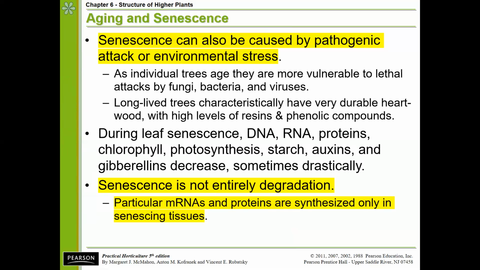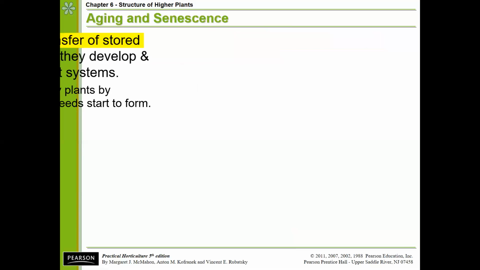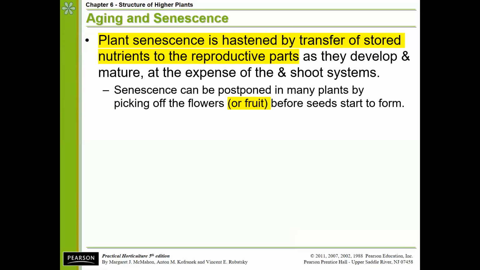In some cases, we have particular proteins and messenger RNAs that are synthesized only in senescing tissues. So it's important in completing the life cycle of the plant. And it is hastened by the transfer of stored nutrients to the reproductive parts. So if we remove those reproductive parts, such as by harvesting fruit, then we can delay senescence.